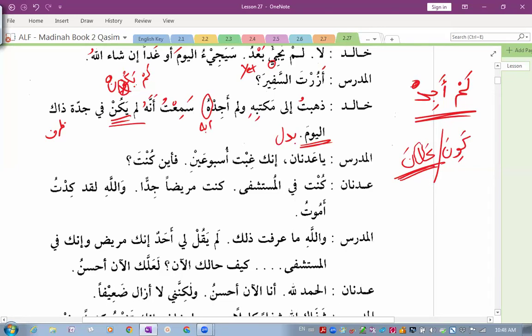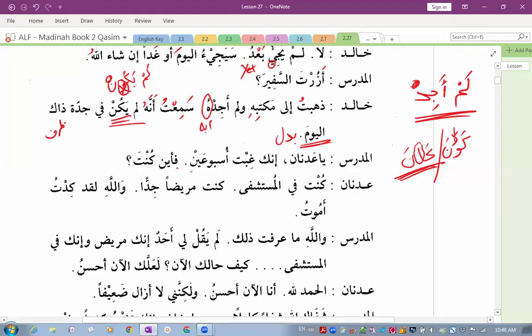Why? Because it was actually kawana, and we said that if it is fa'ala and wawi, then you treat it as fa'ula, and it will have a dhamma at the first letter. So this conjugation is the important part.